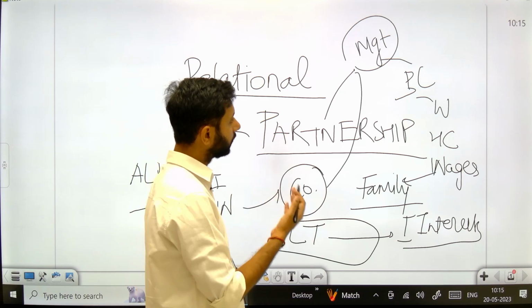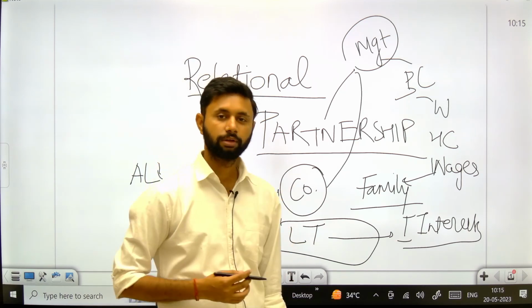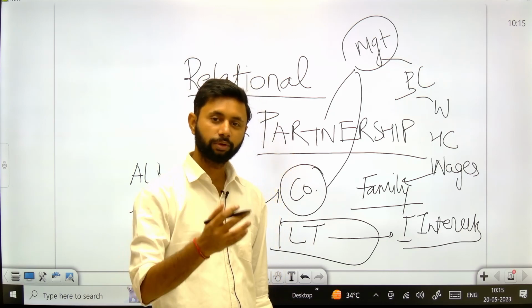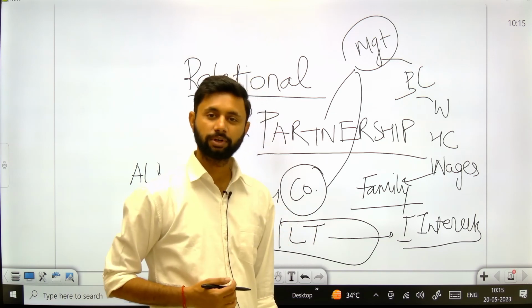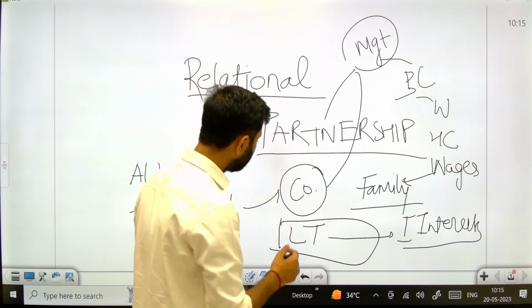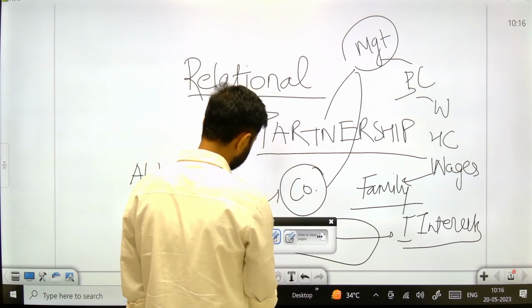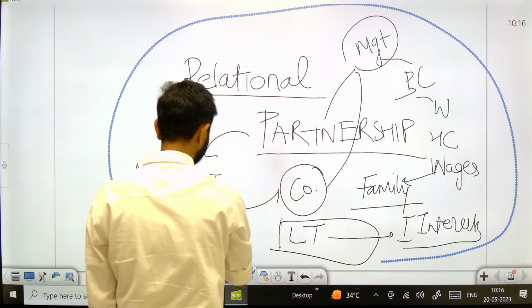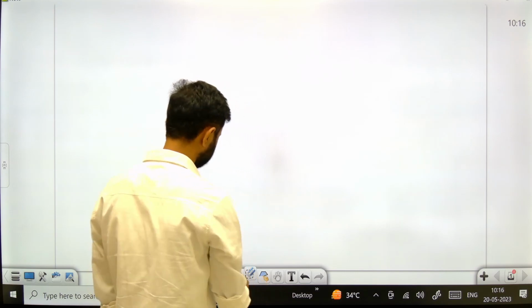Now workers are thinking in terms of the benefit of the company, and the company is going beyond its profit motive and working towards the benefit of its workers, its employees. In this manner, we can say this relationship is long-lasting and a wider concept than a transactional relationship.